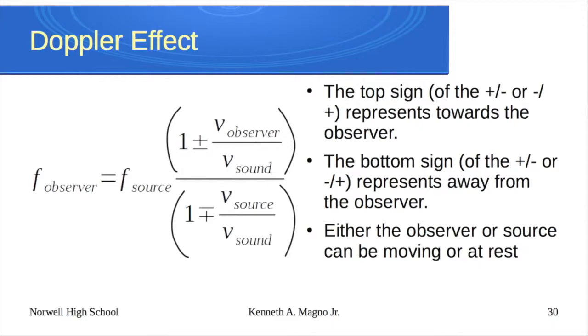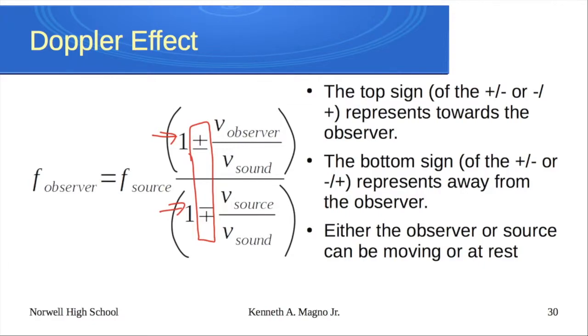Okay. Now, if you notice here, right, they're different. It's plus, minus, minus, plus. So whatever's on the top has to deal with the observer or the source moving towards. Okay, so coming towards the observer.